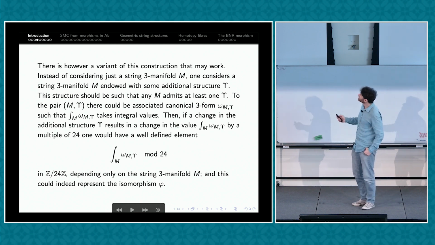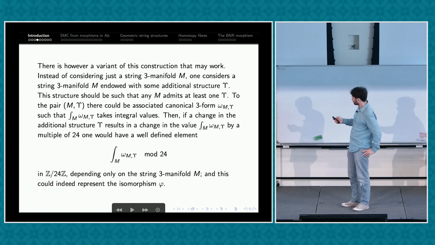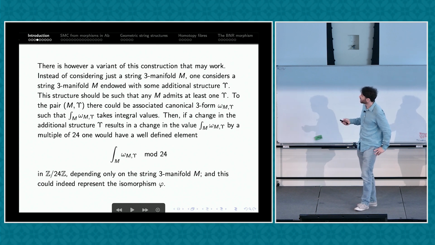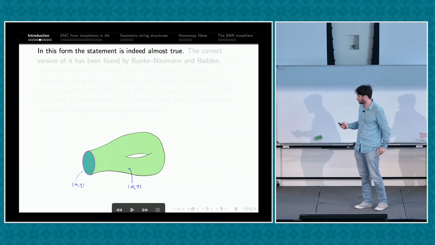Okay, so this is almost the correct answer. I say almost because here you see the datum is just M, the string manifold, and some additional structure on M, and I just take a three-form on this. I integrate this. So the correct answer is a bit more complicated, but the spirit is the same.